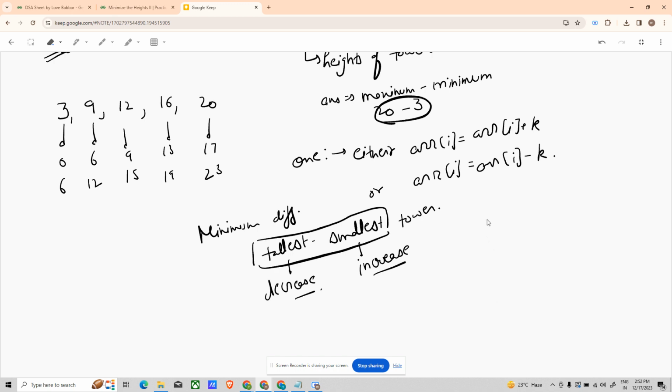Many of you will say it is not a big problem. Just sort the array. The last element would be the tallest tower, and the first element would be the smallest tower.